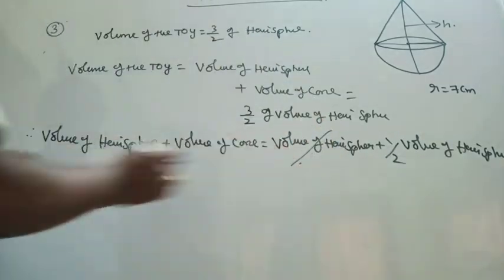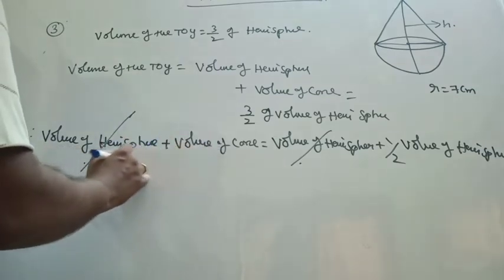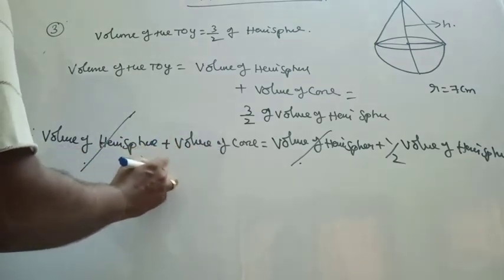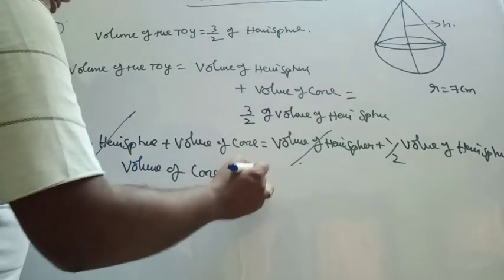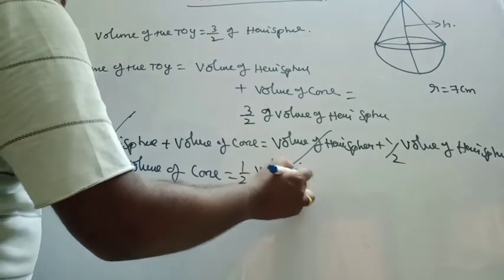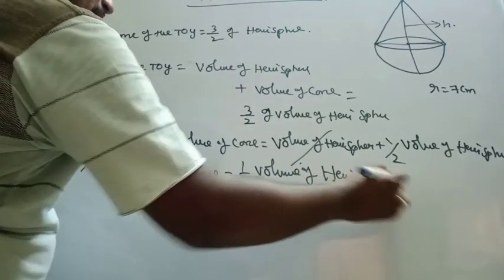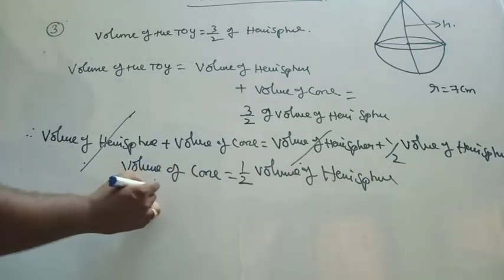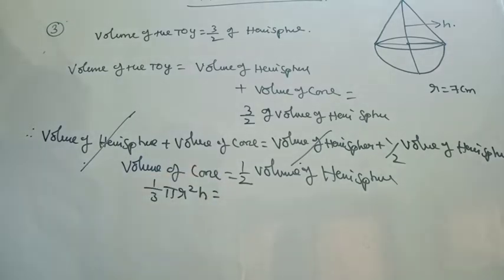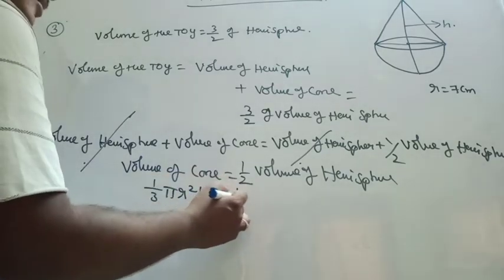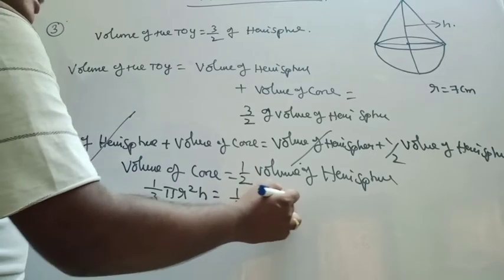Now the volume of the hemisphere we can cancel. We have got the volume of the cone equal to 1 by 2 of the volume of the hemisphere. Volume of the cone is 1 by 3 pi r square h, equal to 1 by 2 into 2 by 3 pi r cube.